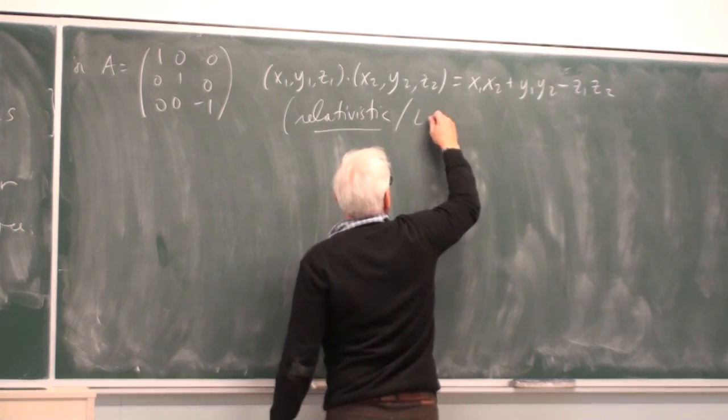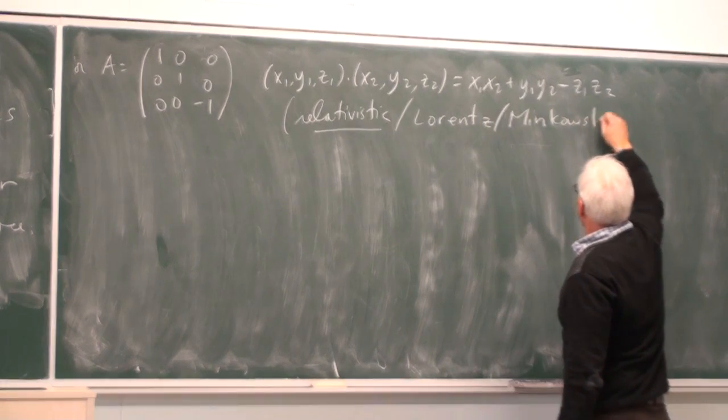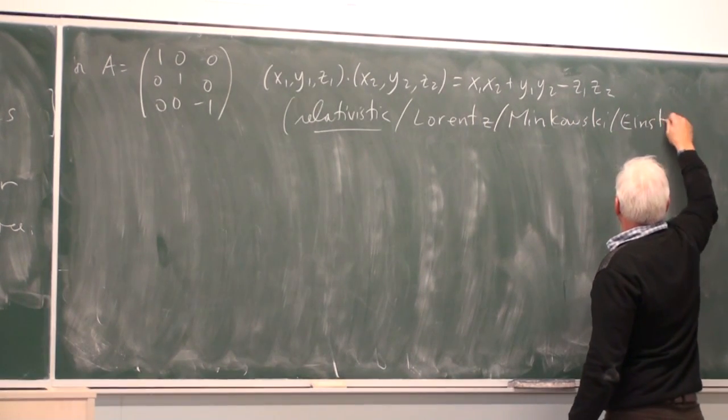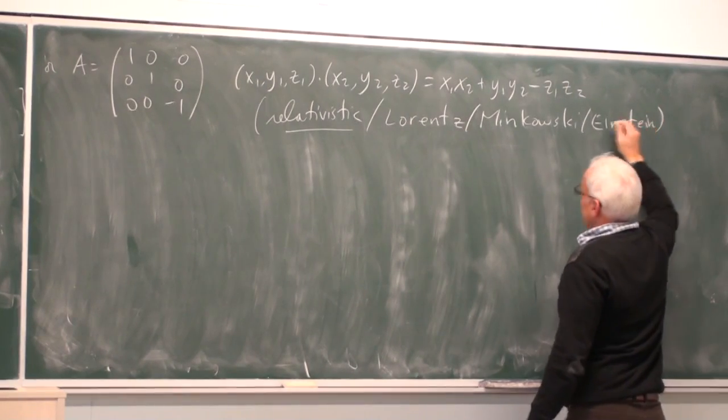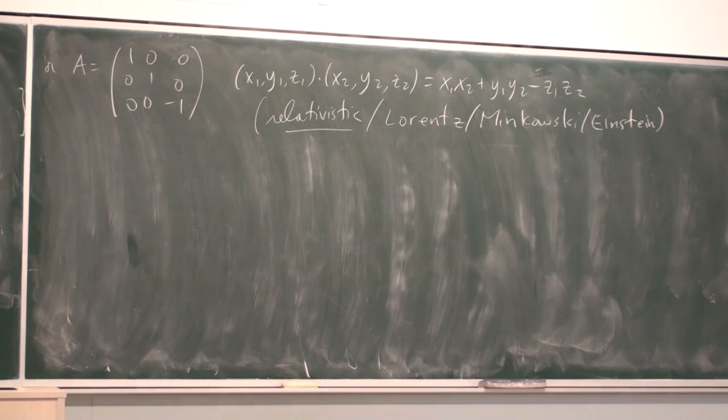It also goes by various other names, sometimes Lorentz or Minkowski or Einstein. This kind of inner product plays a crucial role in special relativity, admittedly in 4 dimensions rather than 3, but the story is somewhat similar. And for us in this course in differential geometry, we have our eye on physics, so relativistic applications are important for us. So this is a very interesting kind of inner product for us.